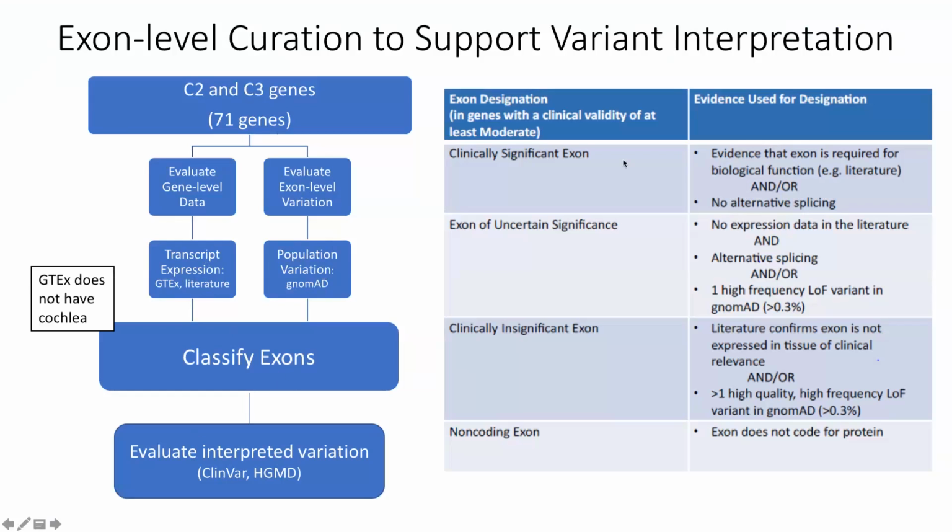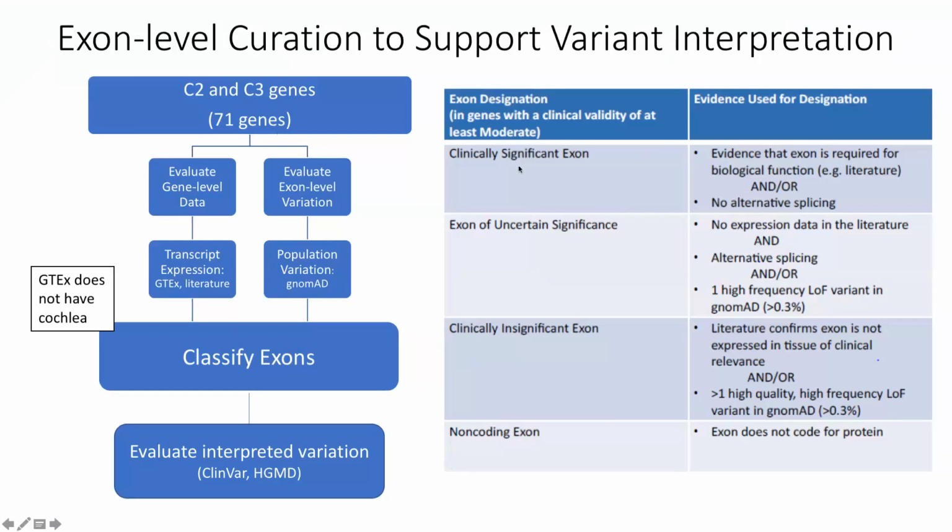So I'll start by giving you the classification definitions of the exons and then explain what this would potentially mean for interpreted variation. So we designated the exons as either clinically significant, exons of uncertain significance, clinically insignificant, or non-coding. So non-coding is self-explanatory. Clinically significant exons, we tried to be very cautious with this.